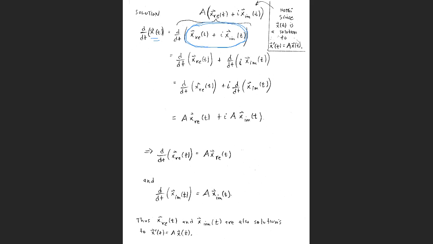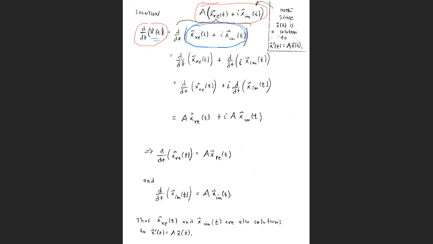That means that dx/dt, the derivative of the vector x of t with respect to time, would have to equal A times x of t.